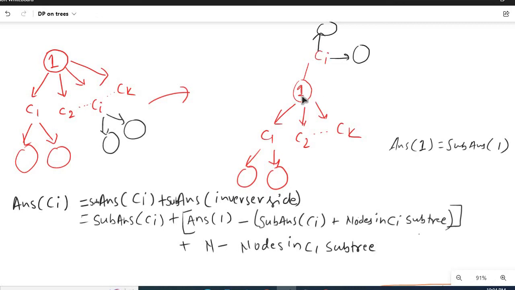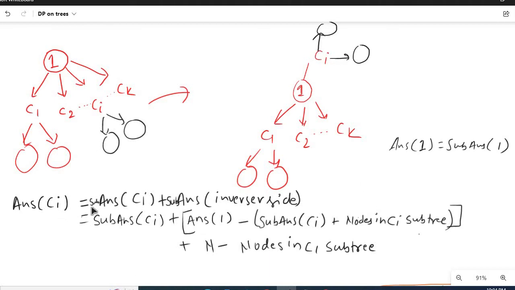If you have to know what is the sum of all the nodes present in this part, for that you have to find the answer for 1. The answer for 1 plus the nodes present in that subtree, if I add, then that would be the sum of the nodes from Ci, isn't it?